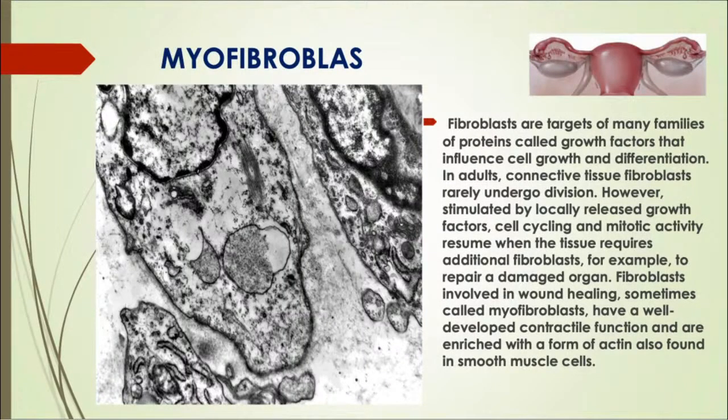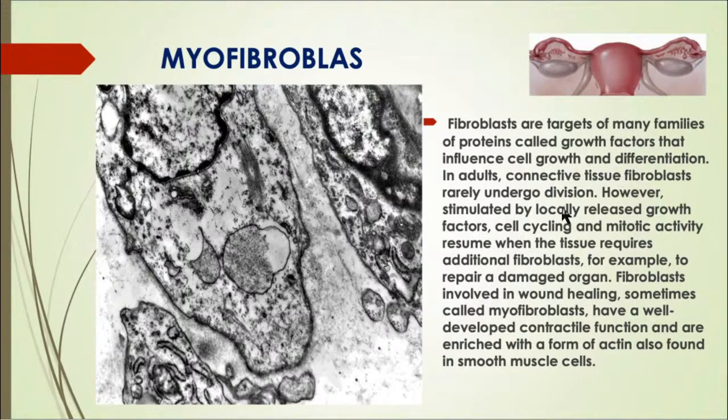The second type of cells in proper connective tissue is the myofibroblast. Myofibroblasts react to proteins called growth factors that influence the cell's growth and differentiation.